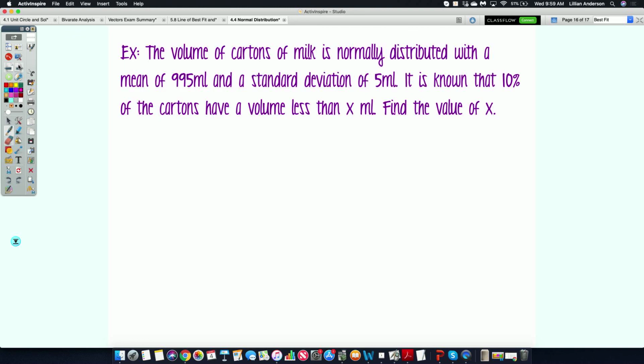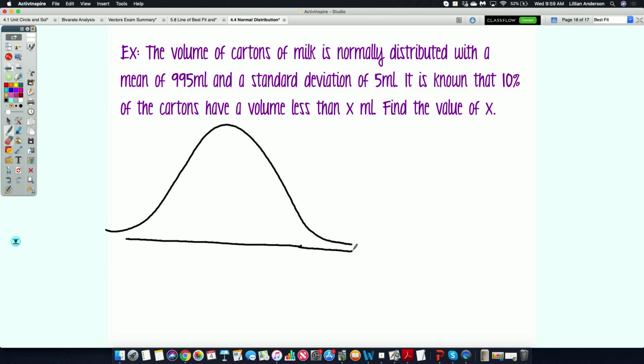This is example 3. It says the volume of cartons of milk is normally distributed with a mean of 995 milliliters and a standard deviation of 5 milliliters. It is known that 10% of the cartons have a volume less than X milliliters. Find the value of X. So, we have some cartons of milk whose volume in milliliters is distributed normally.